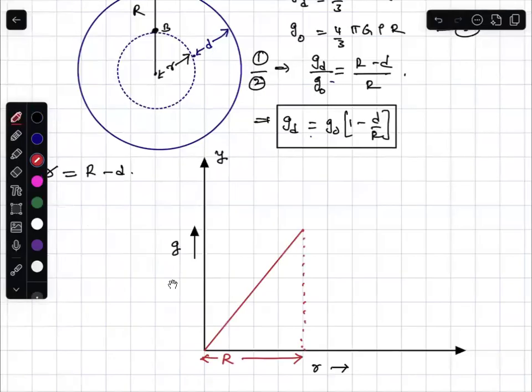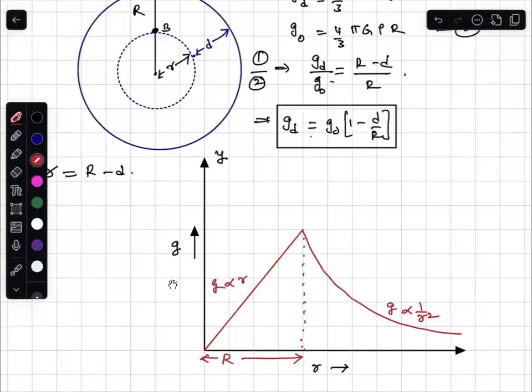Thereafter, it behaves like a curve because it is inversely proportional to R square. And here it is directly proportional to R.